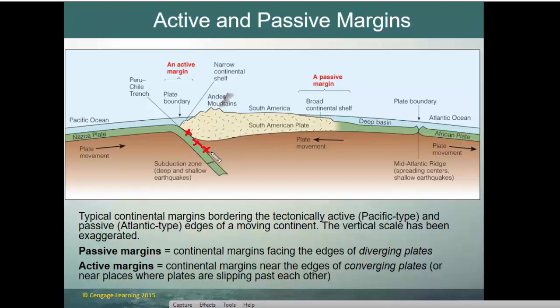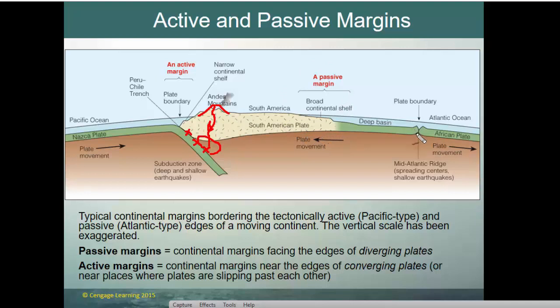And in addition to earthquakes, the melting of the mantle wedge here creates magma that bubbles up and eventually creates volcanic mountains along the margin of the continent. So this is an active margin, whereas in the passive margin, there's very little volcanic activity, or no volcanic activity.